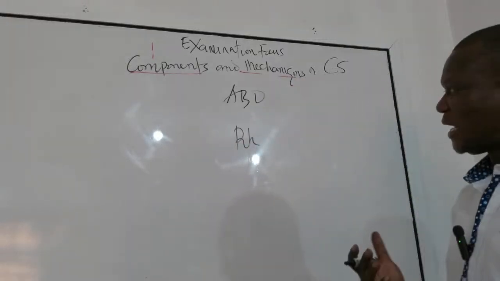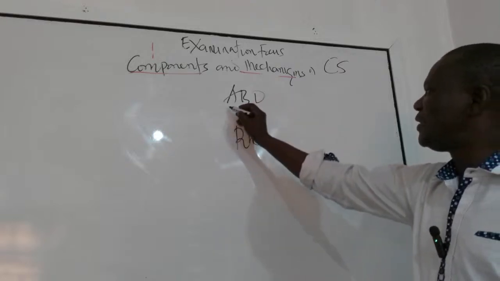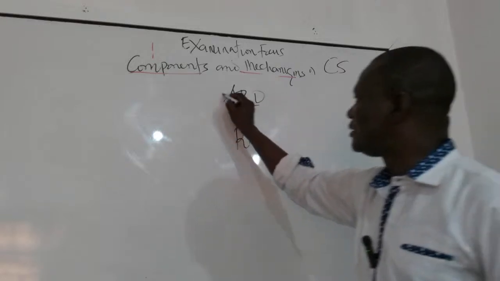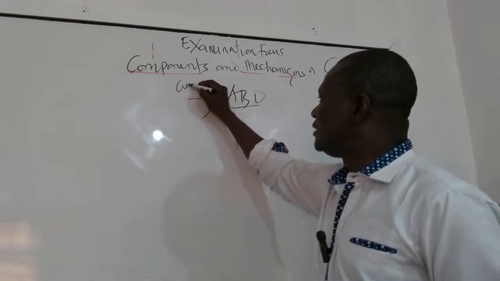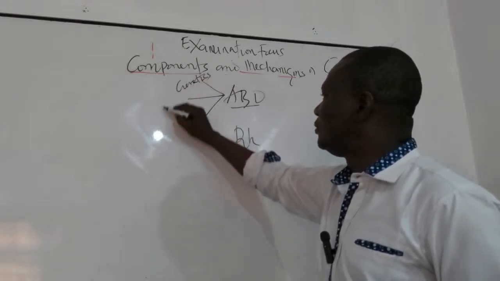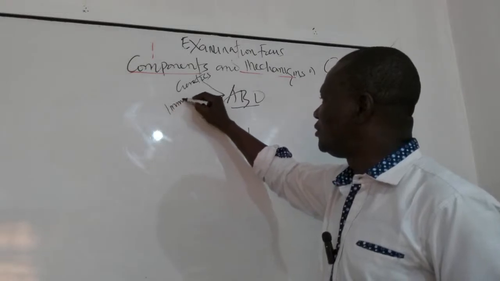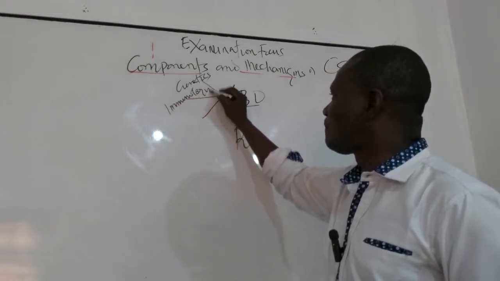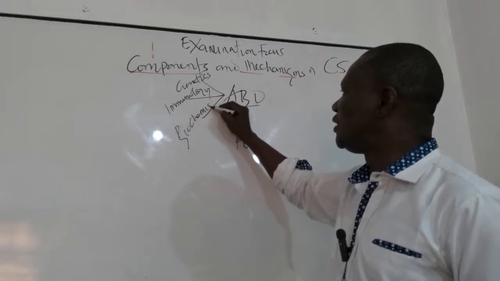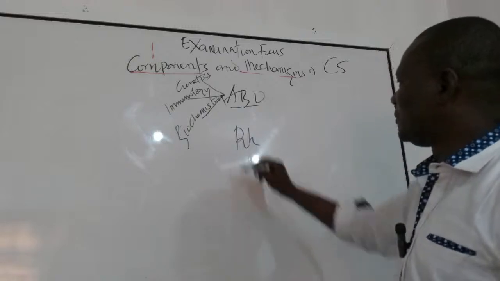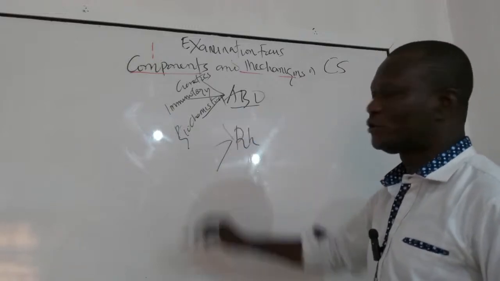You look at the genetics, you look at the immunology perspective, then you should also look at it from the angle of biochemistry. Okay, so the same thing with rhesus factors.